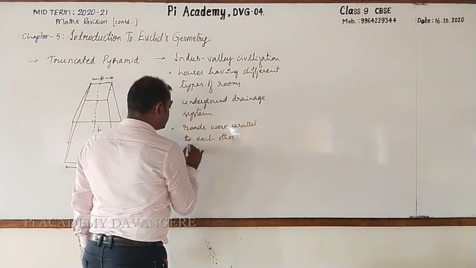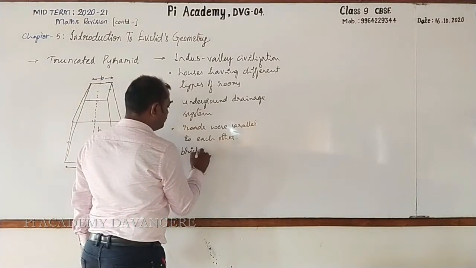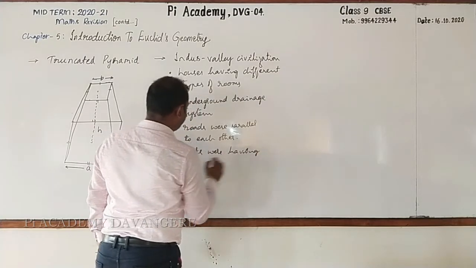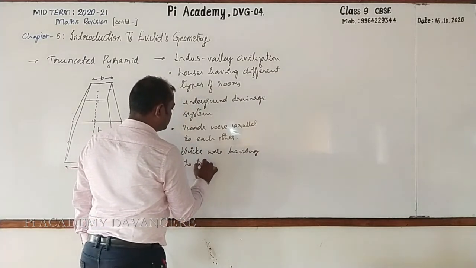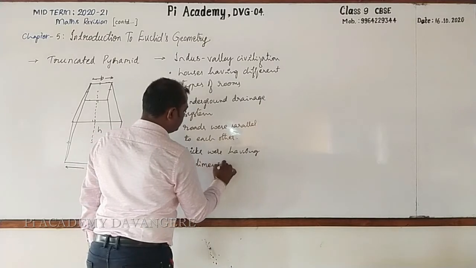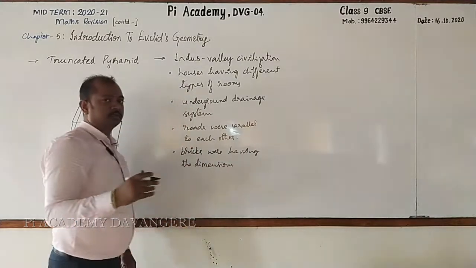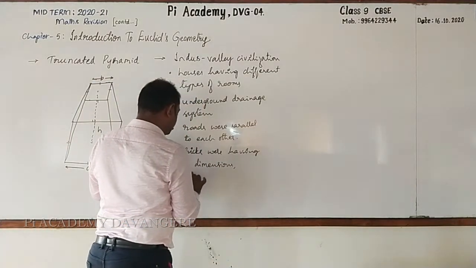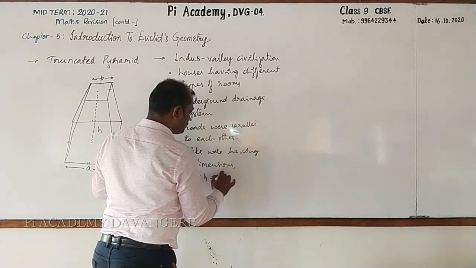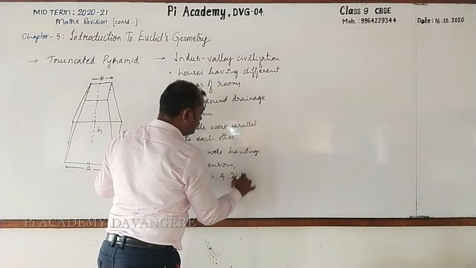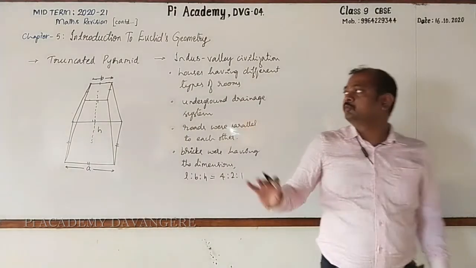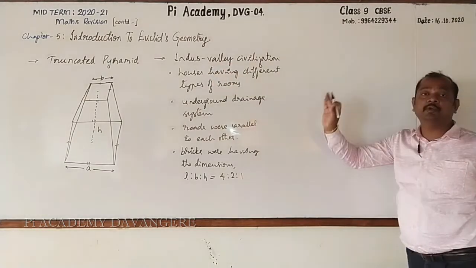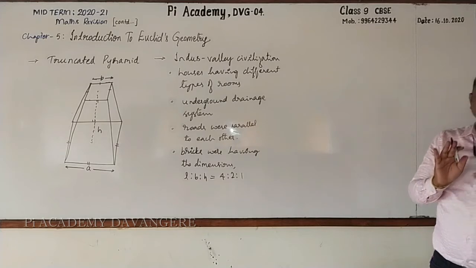So bricks were having the dimensions in the ratio, that is length into breadth into height. Dimensions L:B:H is equal to 4:2:1. These are the few examples to say that Indus Valley civilization was a very well organized society.